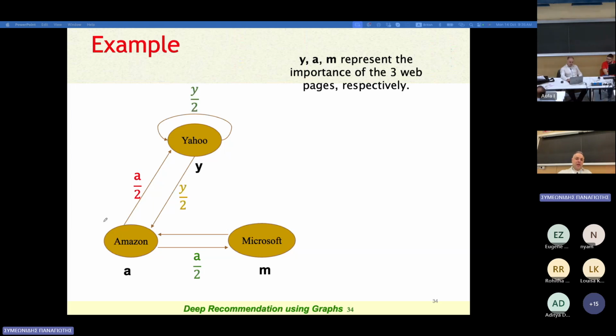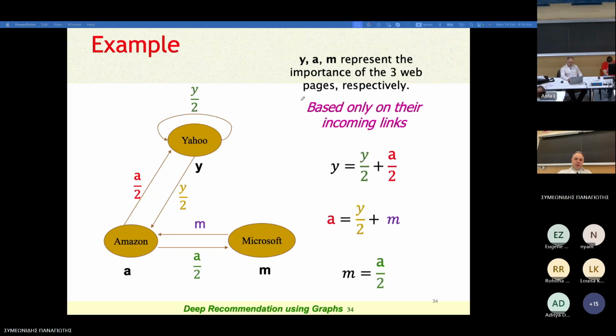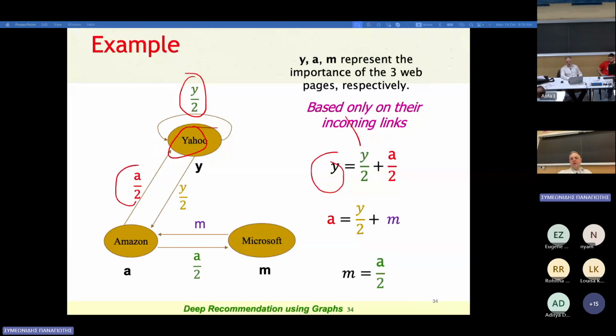So for example, in order to infer the importance of this node, we take into consideration the incoming links, which is y divided by 2 and a divided by 2, since Amazon and Yahoo have 2 outgoing links.